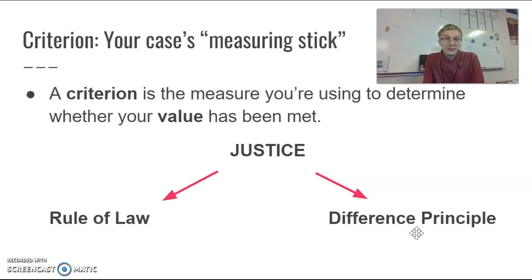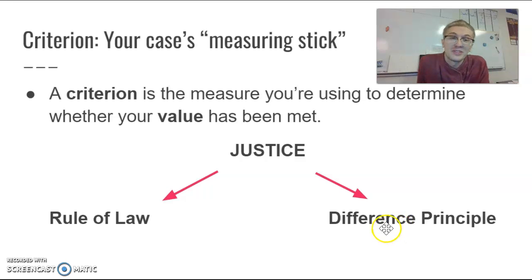So, for example, if I have a bunch of extra money in my society and I also happen to have a problem where millions of people are starving, the difference principle would say justice is only served if that money is going to go to that least well-off group in society.